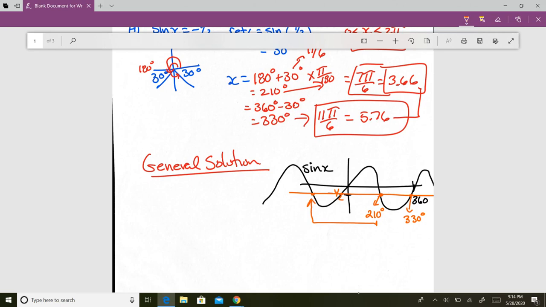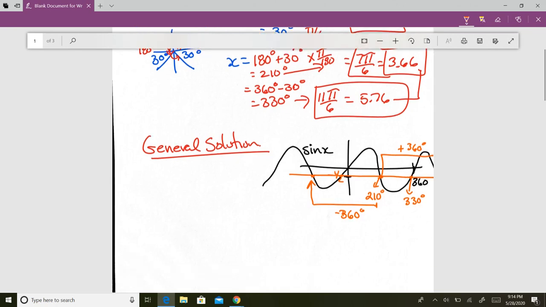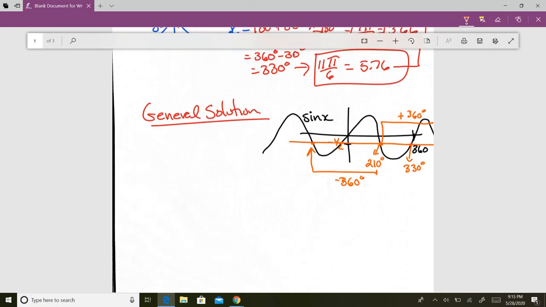That's one period of the graph, so if I went minus 360 degrees, I would get that point because we're going backwards. If I wanted a point out here, it's going to be off this page, it'd be plus 360 degrees. So the general solution gives you all the answers that are possible if the sine graph goes on forever.